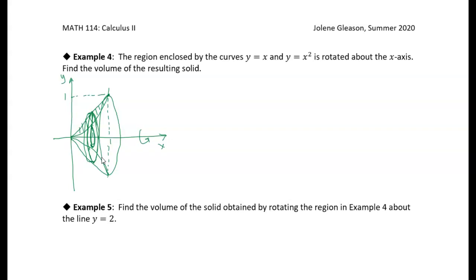And sometimes this is referred to as the washer method because we've got 2 functions, and we want the region between, so the middle is hollow. Okay, so the thickness is delta x, and the washer is basically the outside disk with the inside disk subtracted, right?